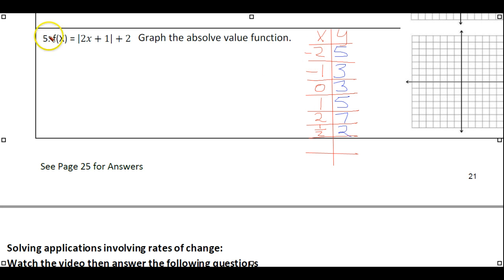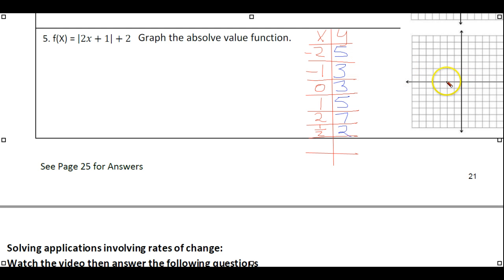So a -2, this would be a -4, plus 1 is a positive, -2 plus 1's a -3. Comes out of here as a positive 3. 3 plus 2 is 5.